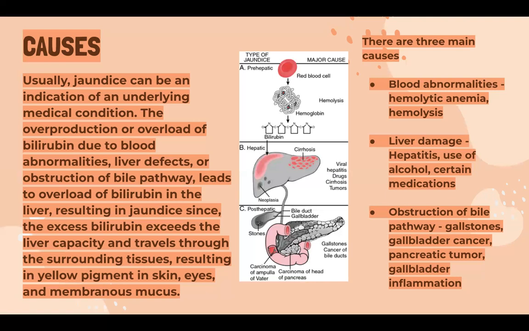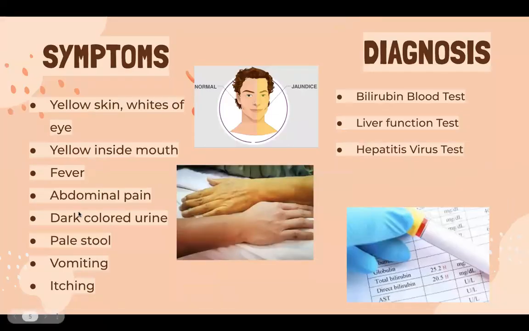And of course, the obstruction of the bile pathway, which blocks the way for the bilirubin to exit the body, can lead to the bilirubin not being able to go anywhere but the surrounding tissues, causing jaundice.